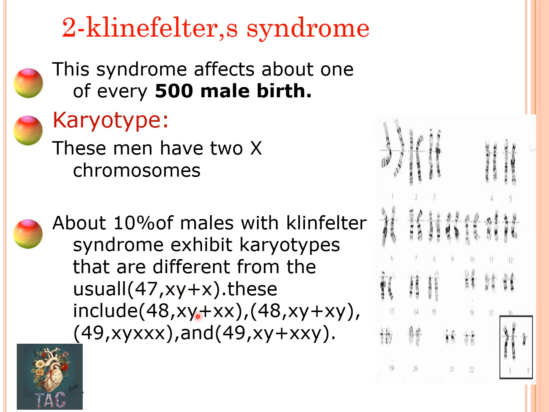But 49 XY plus XXX having extra copies will be multiple Barr body positive. So Barr bodies depend upon the number of X chromosomes in excess. One X chromosome will show its feature, and the others will condense and form the Barr bodies.